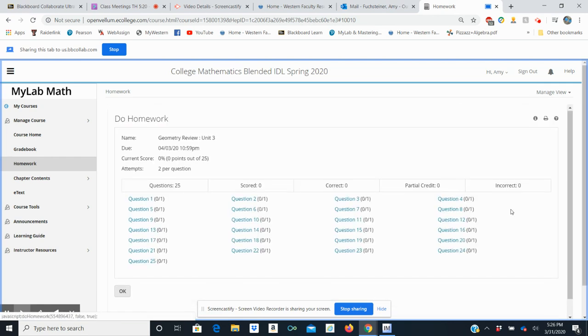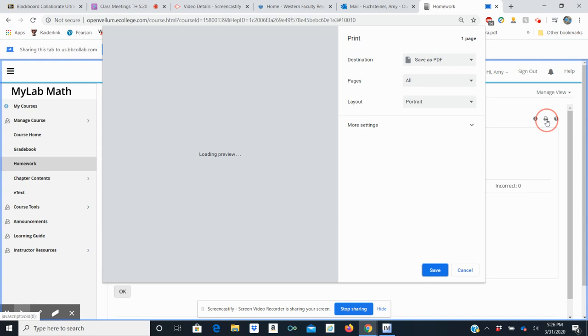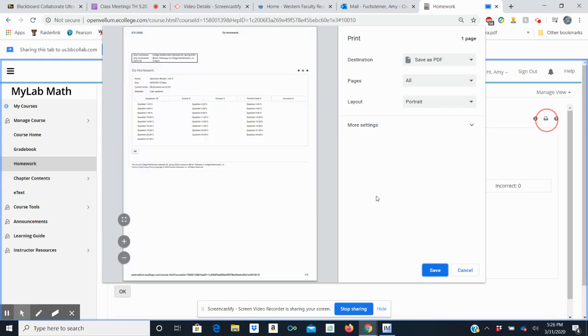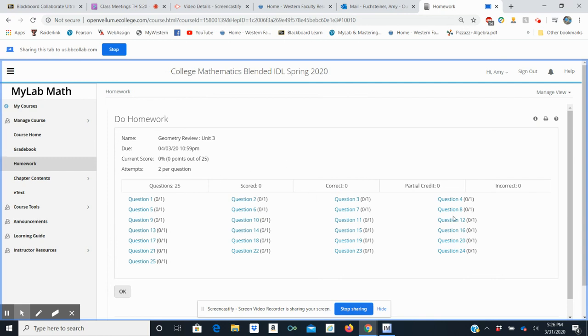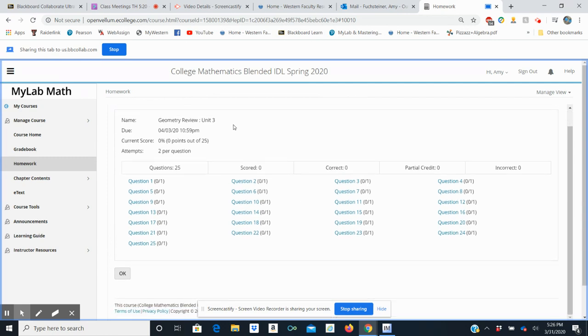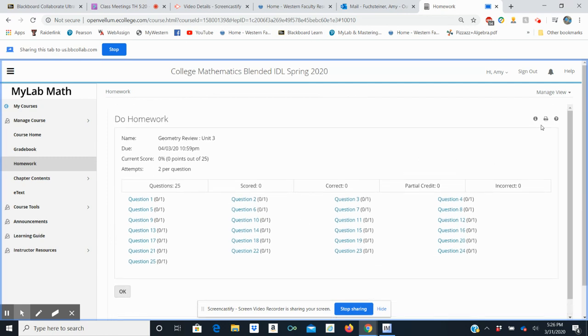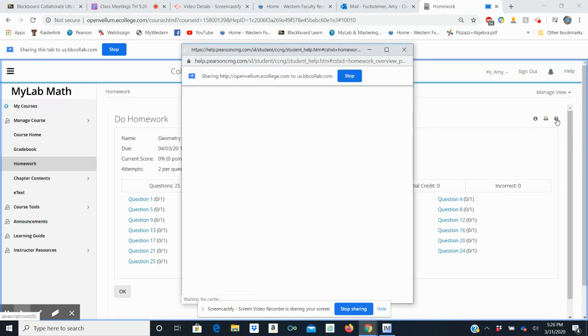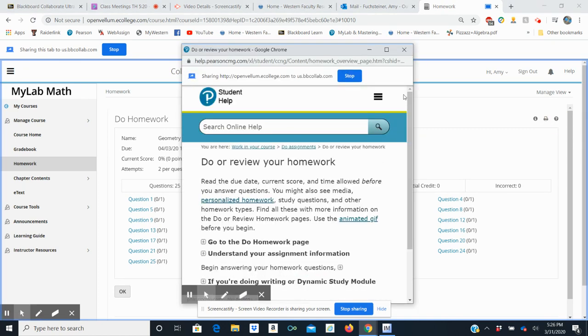So if we click on that, you see up here in this top rightish corner, that little print icon? Where is it? That's not the way it is. Come on now. Do it the right way.